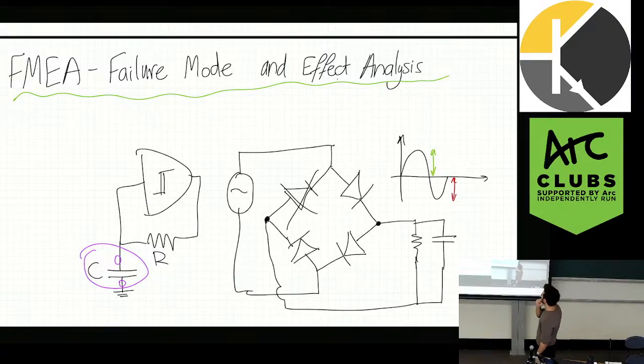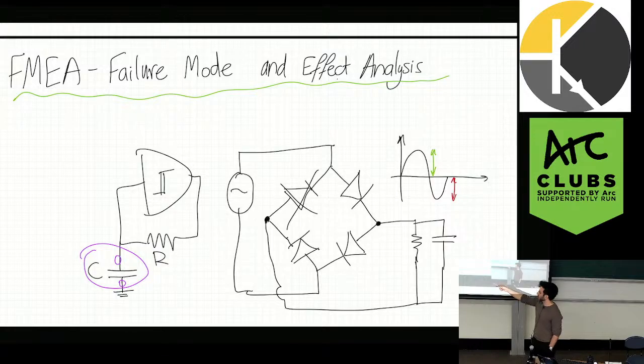So really, you start with how does the system work, right? In the case of a Schmitt trigger, we know how the Schmitt trigger works. When we're looking at the FMEA analysis, we're looking at a specific component, for instance, this capacitor. The first question we ask ourselves is, what was this capacitor's function in the circuit?